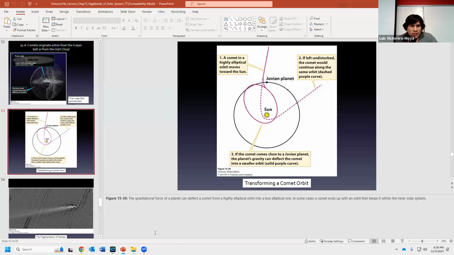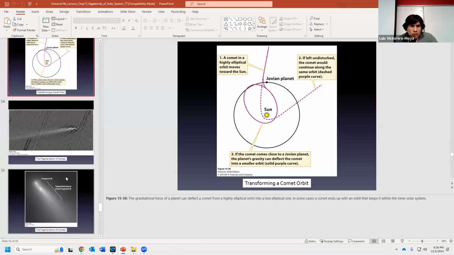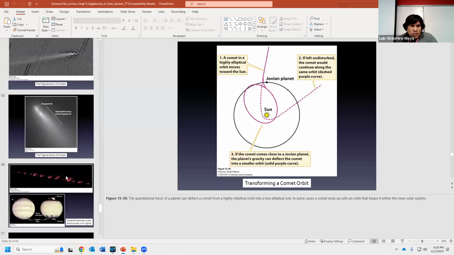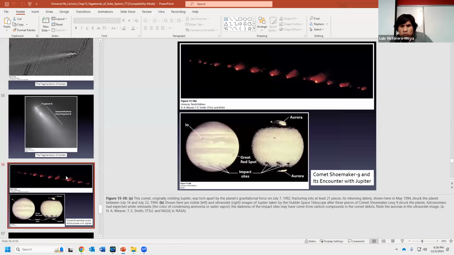But if we disregard that, we can say that the closest approach of a comet in the solar system that eventually crashed, and crashed in quotation marks because it doesn't have a surface, but went into Jupiter, is Shoemaker-Levy. This was in 1992. Yeah, I remember.